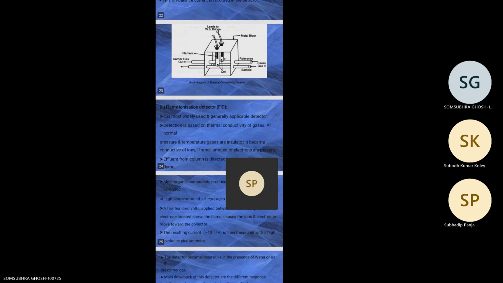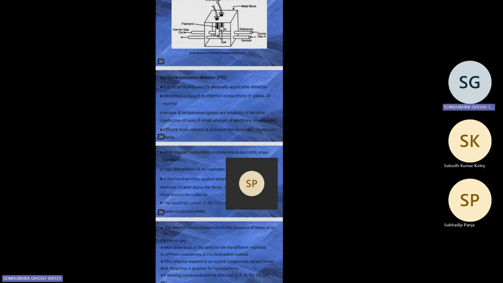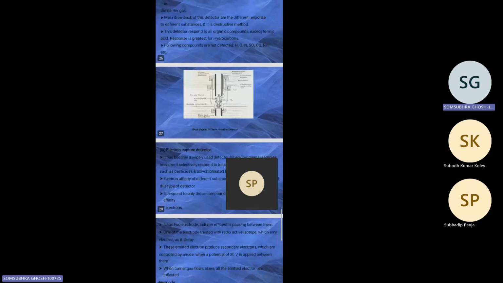Next one is the flame ionization detector, or FID. The flame ionization detector is one of the most sensitive detectors. The only thing is that here the sample is burned. The sample is destroyed at a very high temperature, 400 or 500 degrees centigrade.